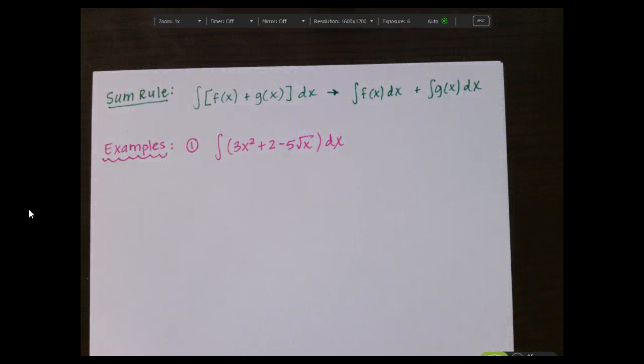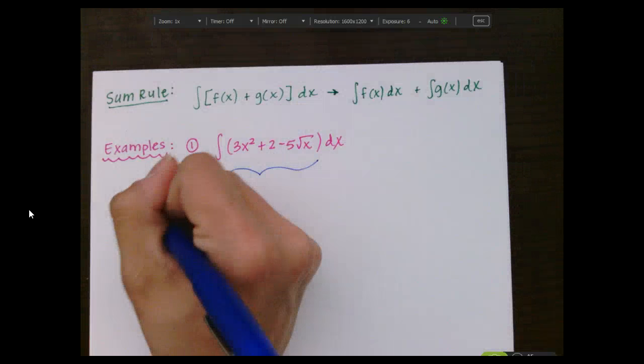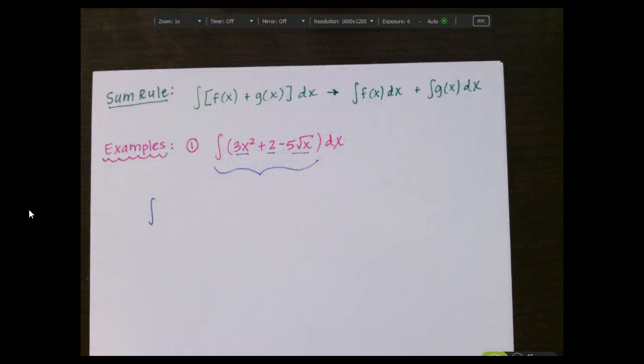Remember, it's important that you know which variable you're integrating with respect to, and I'll show you why in just a second. Now, I'm also going to utilize the sum rule as well as the constant multiple rule in order to rewrite this integral. So I can separate this into 3 separate integrals or antiderivatives.